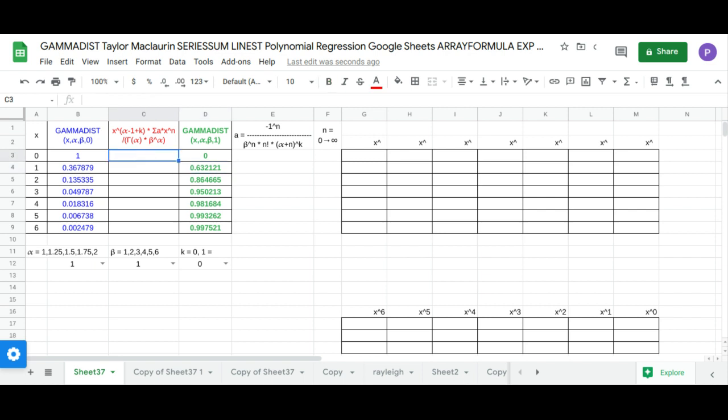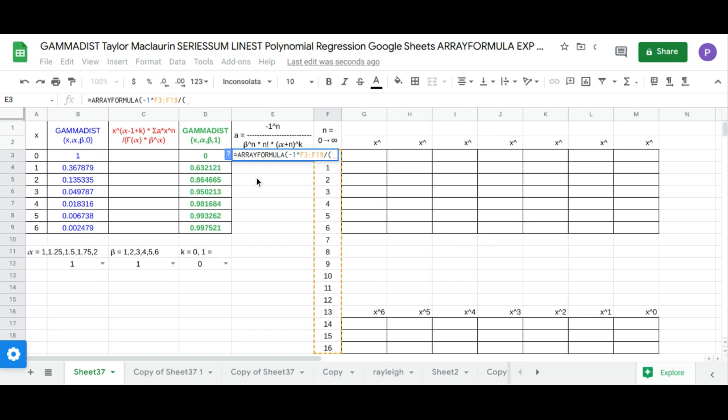series sum expansion. And our k series sum is x to the power alpha minus 1 plus k times the summation of x to the power n, where a equals the coefficient and n is from 0 to infinity. Can start from 0 up to infinity. In this case, 16 is good enough. And the coefficient, so the formula, minus 1 raised to the power n, divided by, now the denominator has 3 parts.